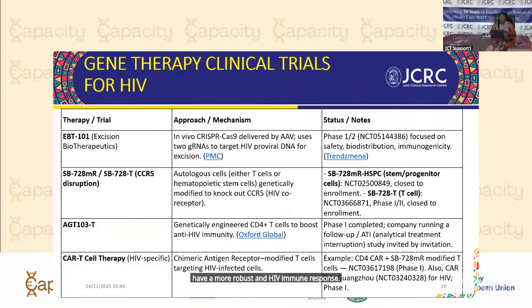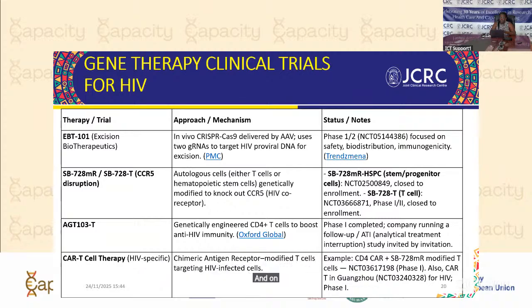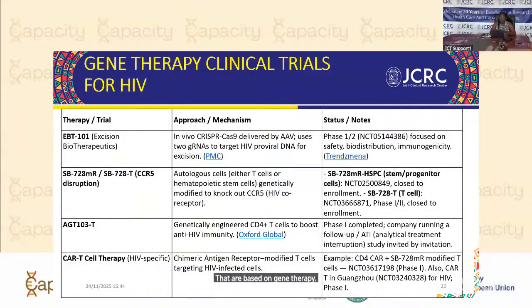And also they've looked at CAR T cell therapy for HIV. And on the arm for sickle cell disease, we know that there are already 2 products on the market that are based on gene therapy to treat sickle cell disease.